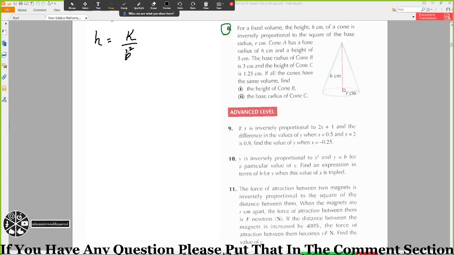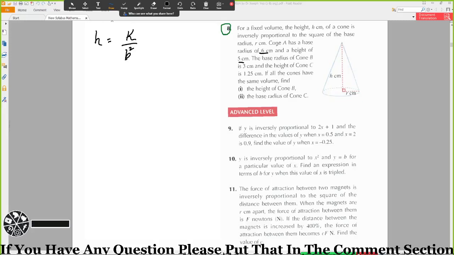You did just R. No, I did it wrong. Yes, the mistake was here. I didn't do the square, I just did R. Cone A has a base radius of this and a height of this.